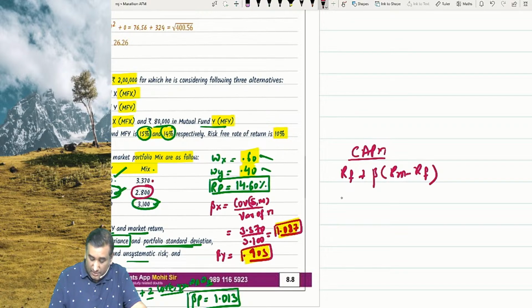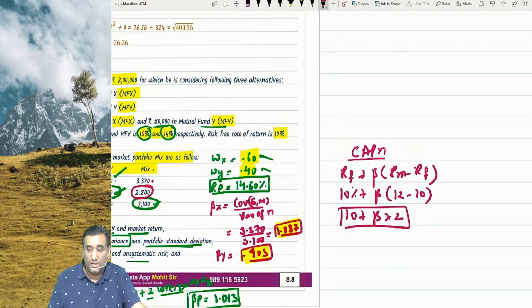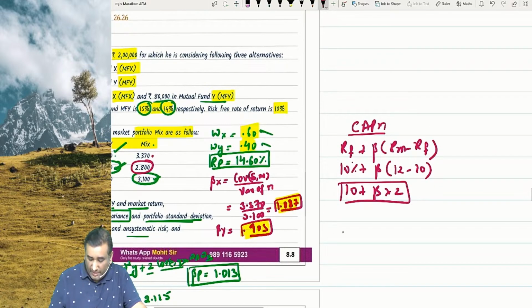RF is how much given? Market return 12 minus 10, plus 10. Now substitute the beta of X. 1.087 we got. Here 1.087 into 2 plus 10.